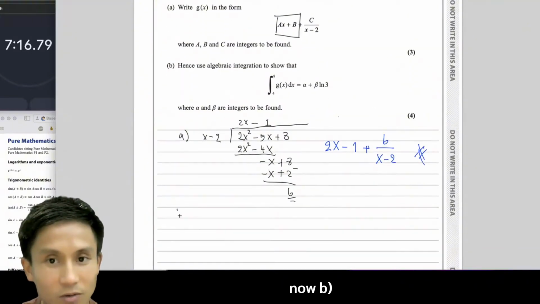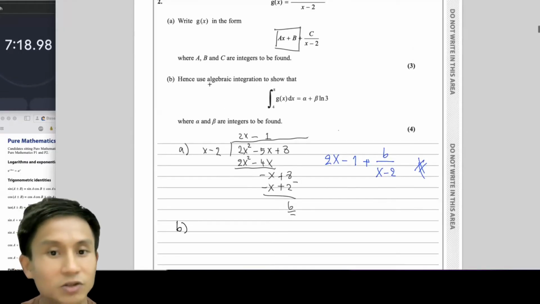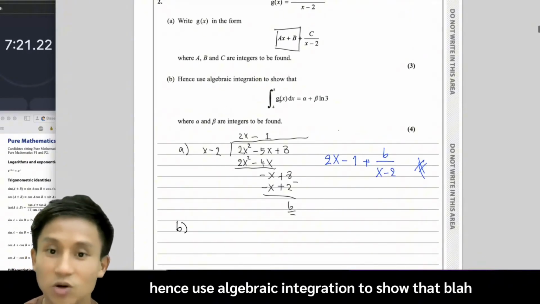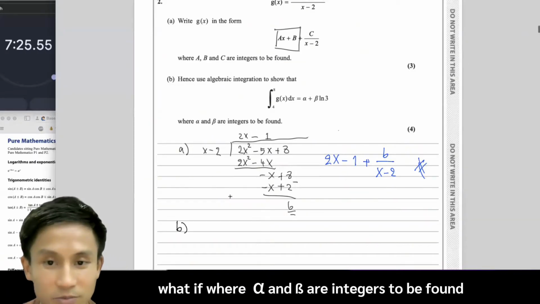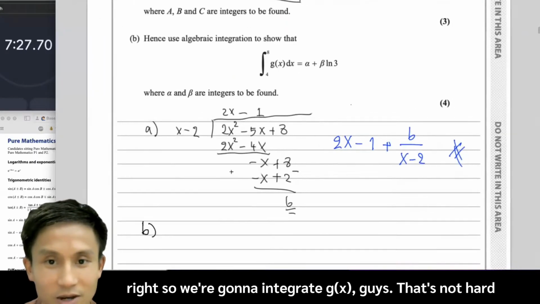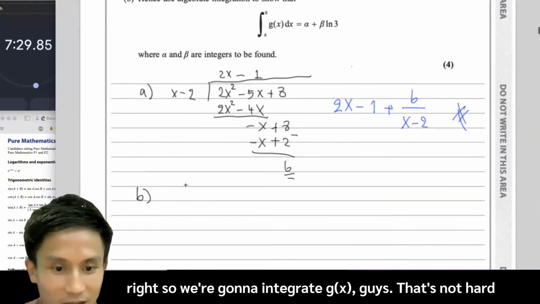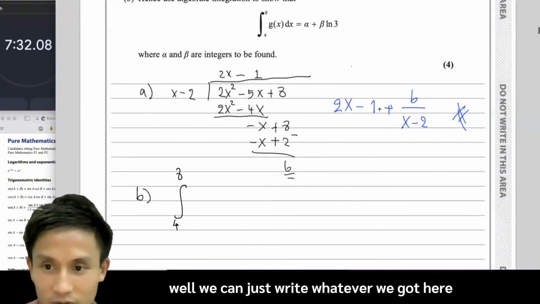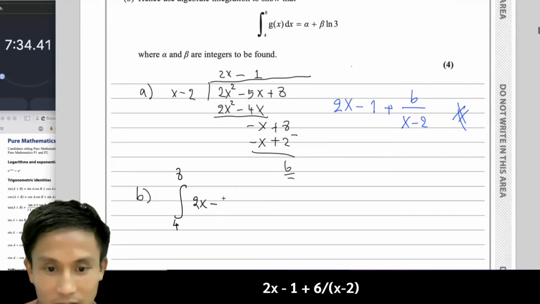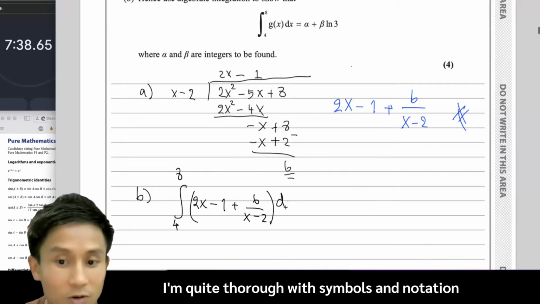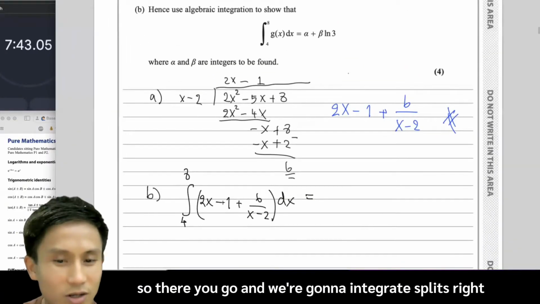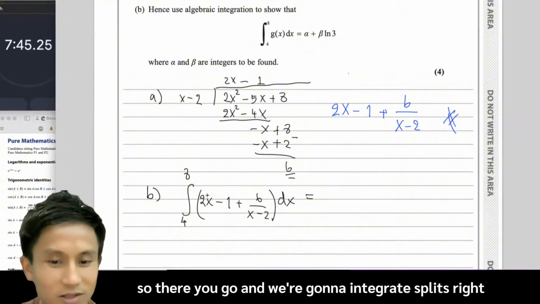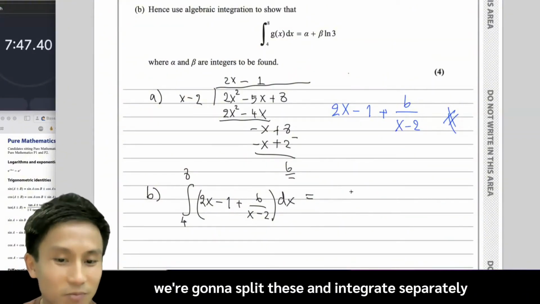Okay? Now, B, hence use algebraic integration to show that blah, blah, blah, whatever, where alpha and beta are integers to be found, right? So we're going to integrate g(x), guys. That's not hard. Well, we can just write whatever we got here, 2x minus 1 plus 6 over x minus 2. I'm quite thorough with symbols and notation, so there you go. And we're going to split and integrate separately.